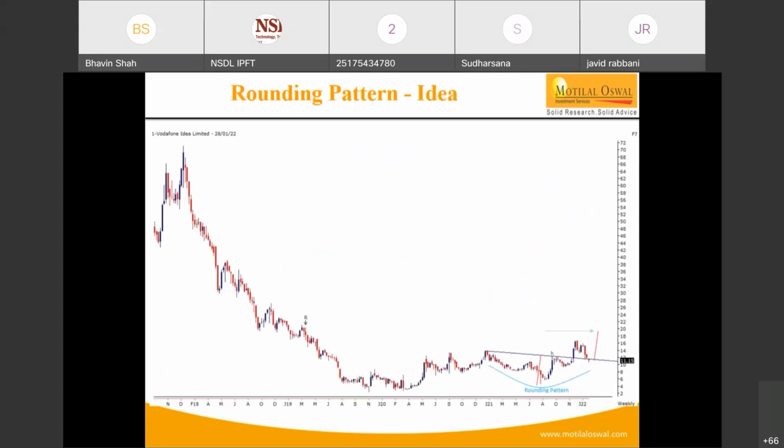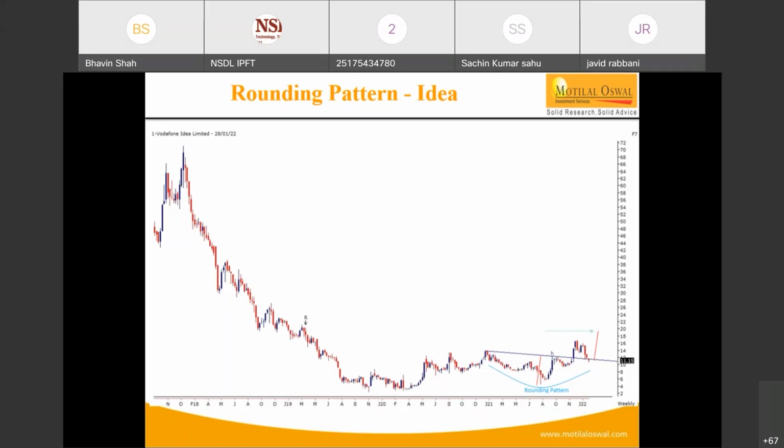Another important pattern similar to the cup and handle is the rounding pattern. Here the stock is in a consolidation at the bottom and forms sort of a rounding pattern, and then gives a breakout. For the pattern target, where there is a red line that I have marked, this is the chart of Vodafone Idea, where we were expecting it to do well once there was a breakout.